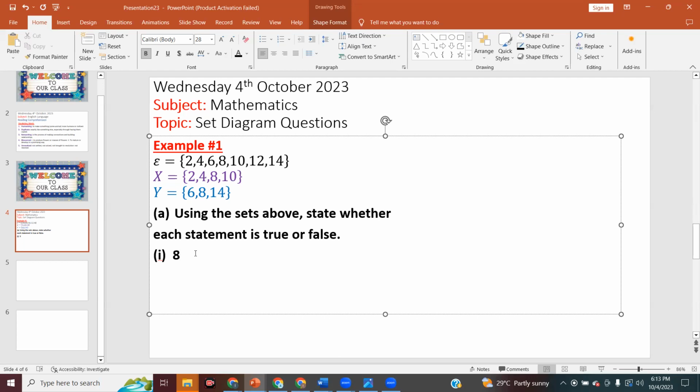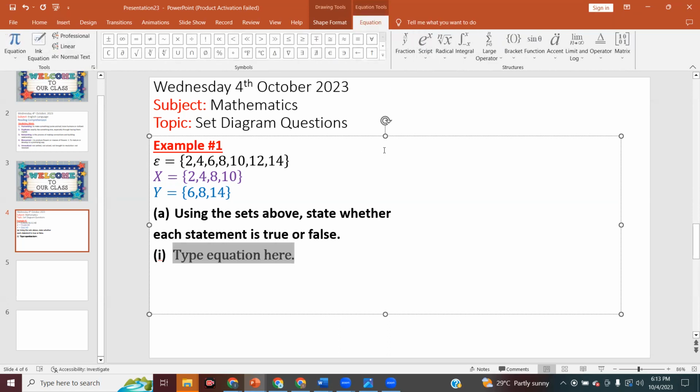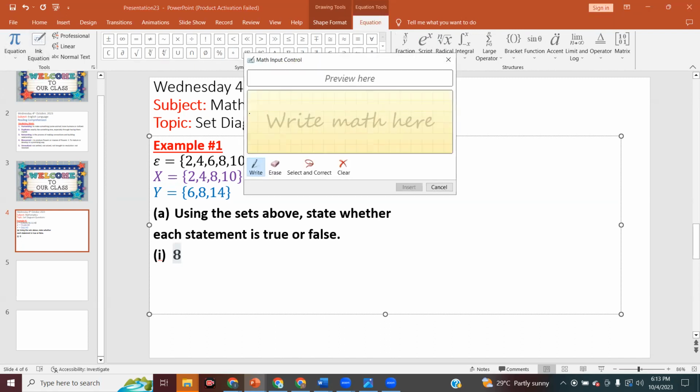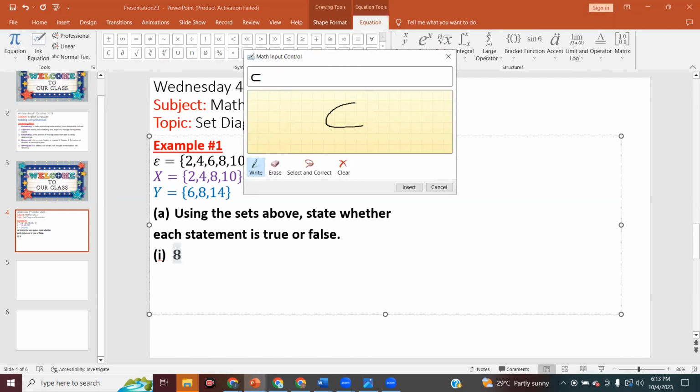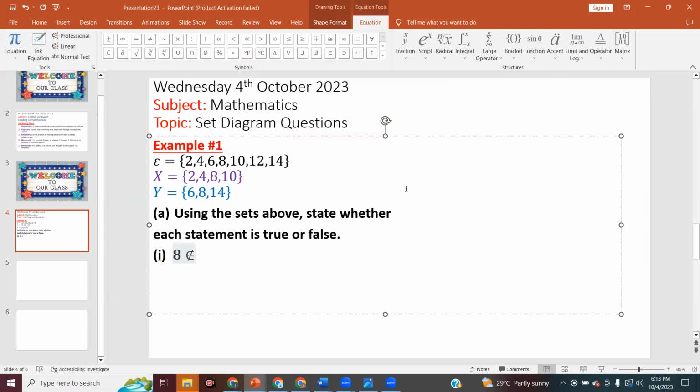So let me put it. We have 8, whatever this symbol means, who knows, capital Y. And tell me if it's true or false.